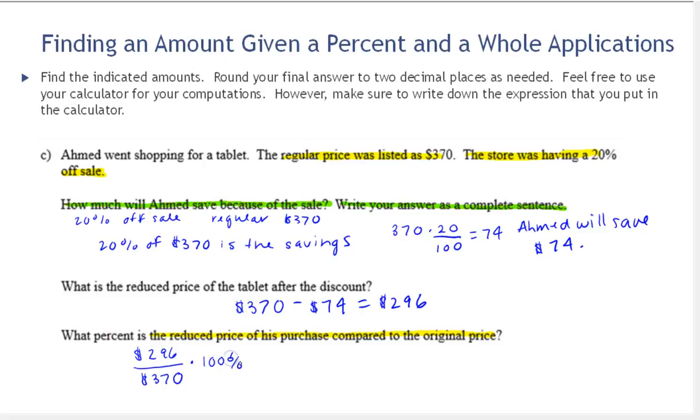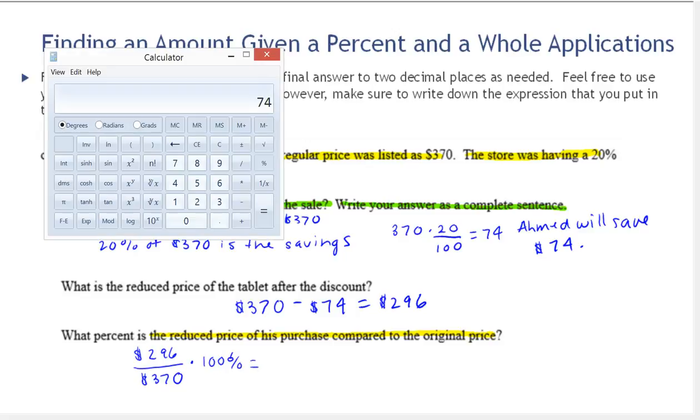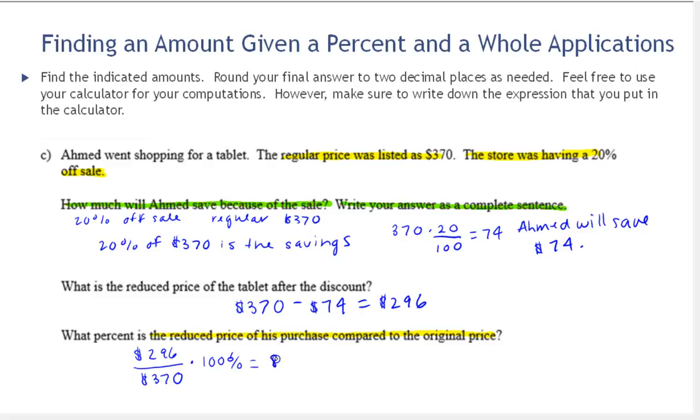So I'm going to multiply by 100%, and we have 296 divided by 370 times 100. And notice it is 80%. So the reduced price of his purchase is 80% of the original price.